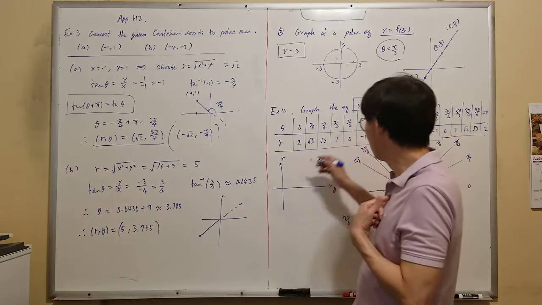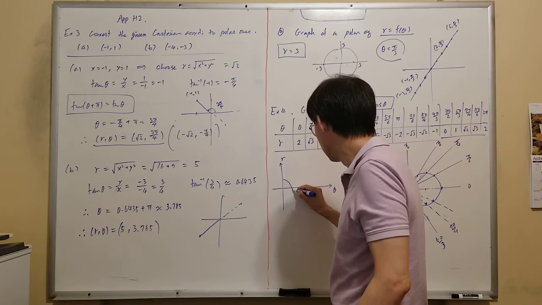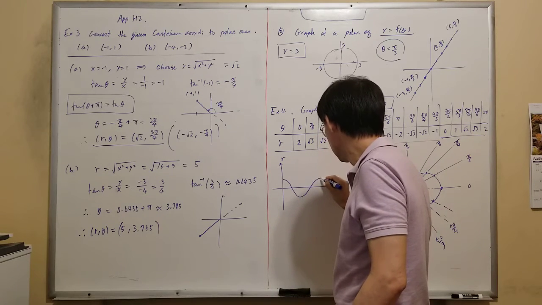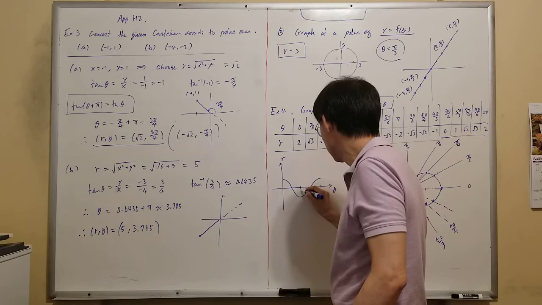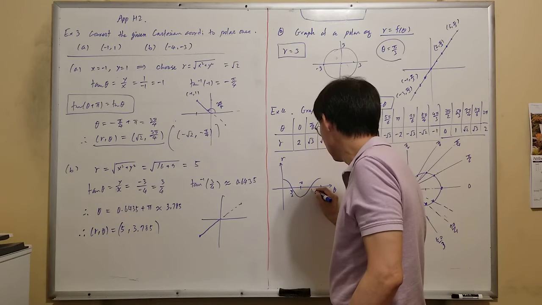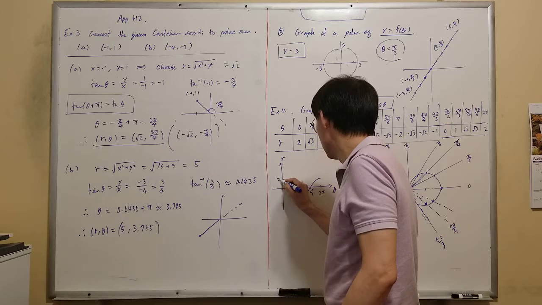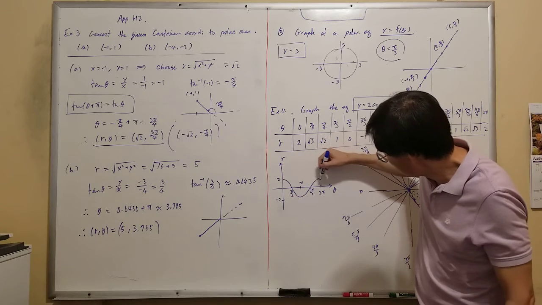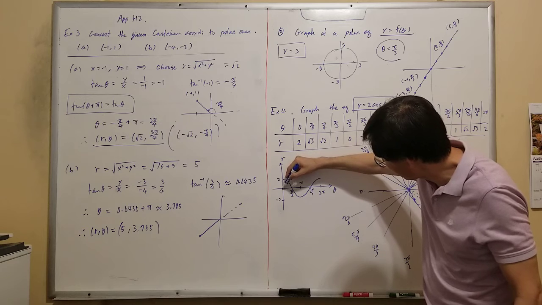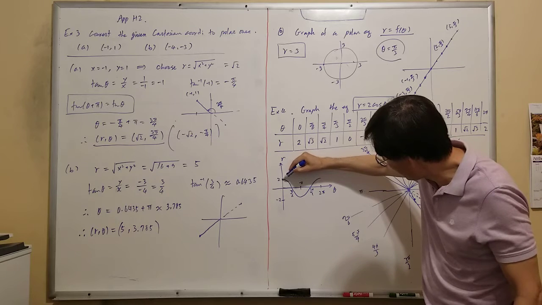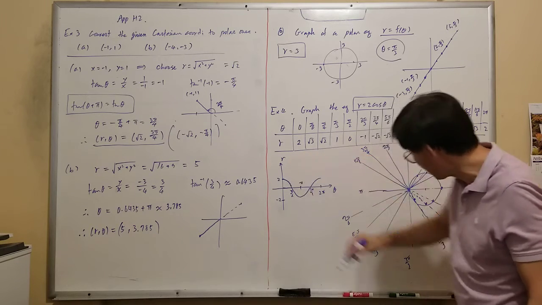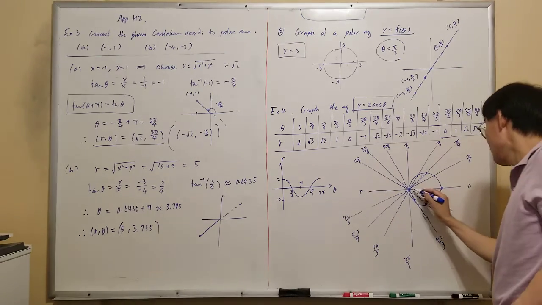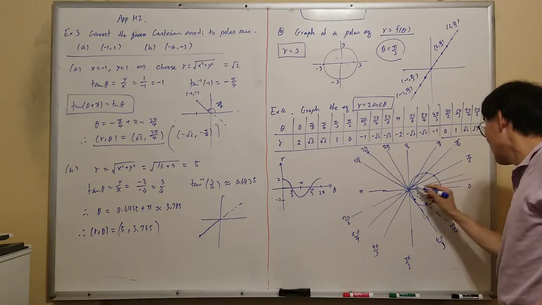You draw the graph of 2 cosine theta. Then you will get pi over 2, 2, -2. So that means as theta goes from 0 to pi over 2, your r value drops from 2 to 0.